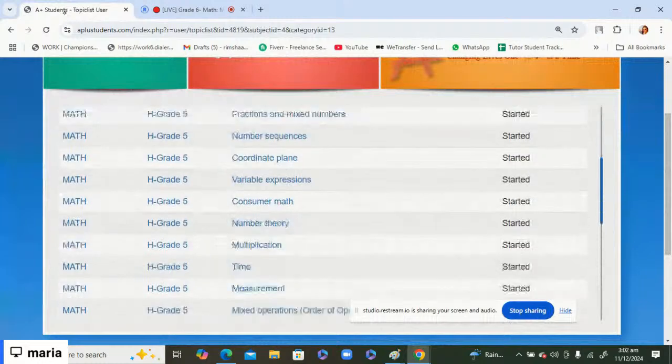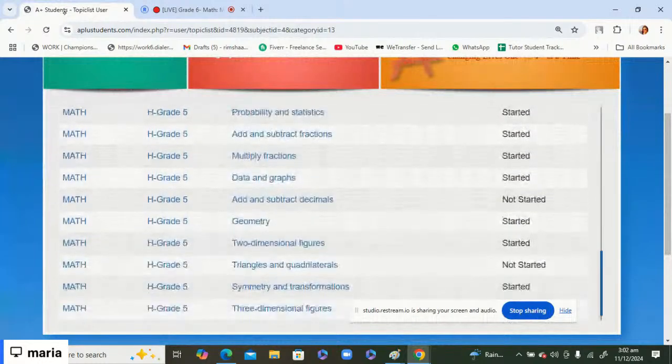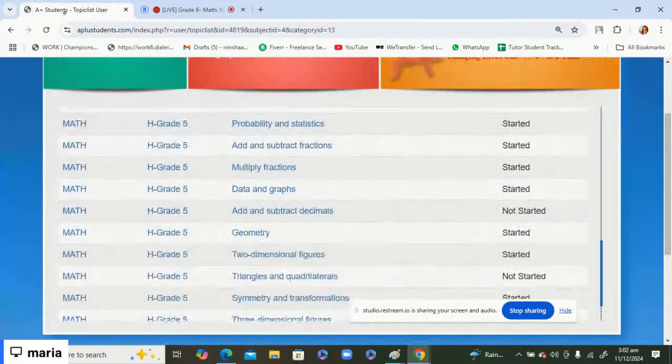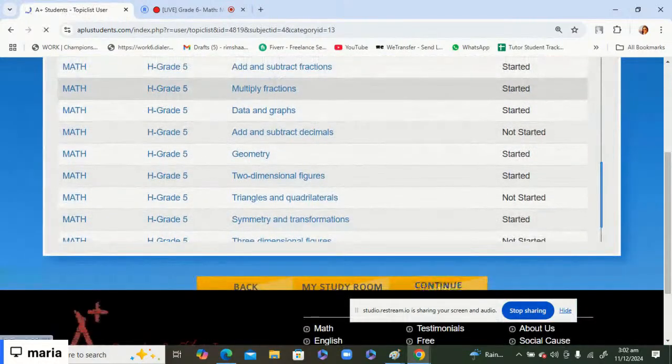So we are on the chapter multiply fractions. Continue with this.